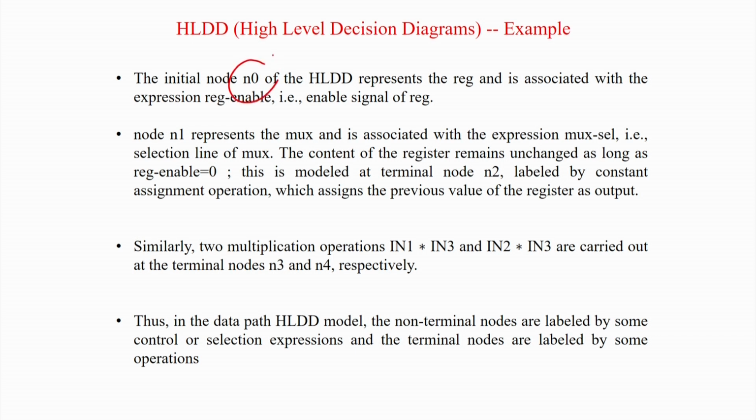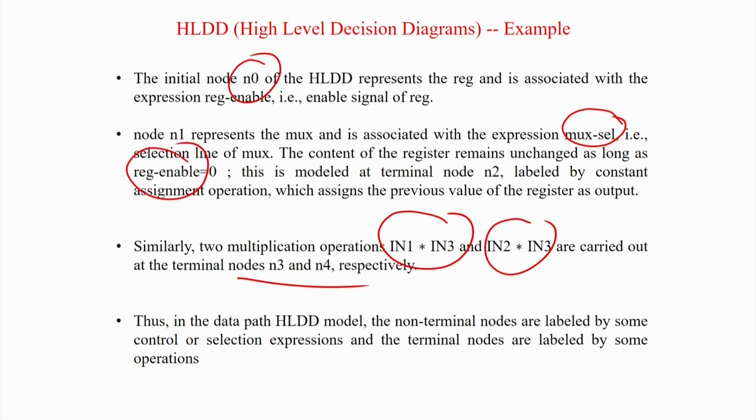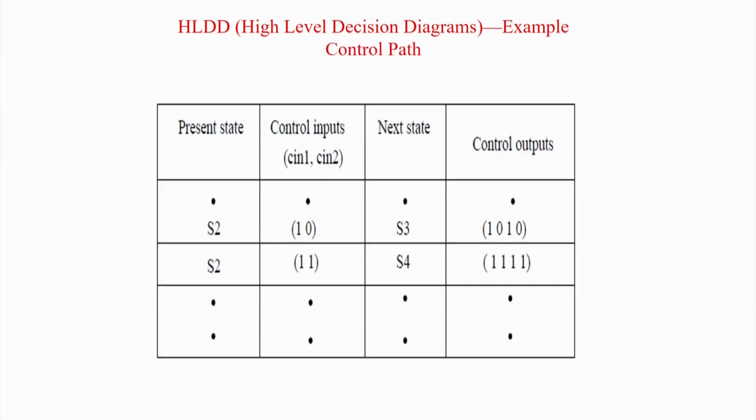It tells that n naught is the initial number. The two multiplication operations, this and this, are done by the terminal nodes, and all the non-terminal nodes have the signals called multiplexer select and register enable. Those are the signals corresponding to the non-terminal nodes, and these are the operations which correspond to the terminal nodes. Whatever I have told you in the example is written in this slide, so that you can read it offline.